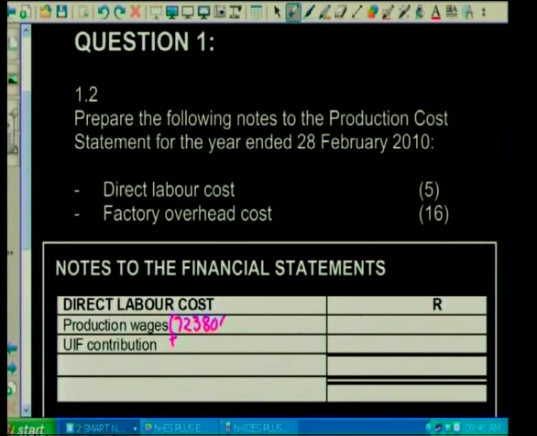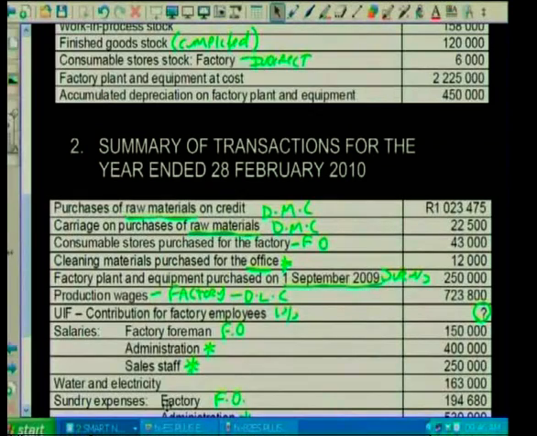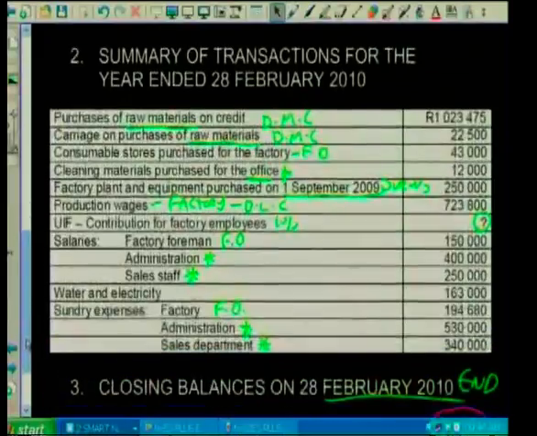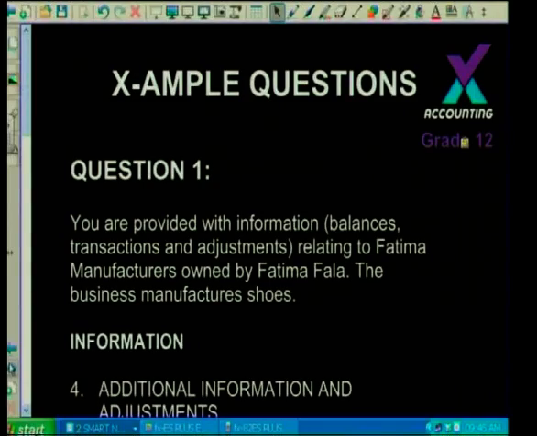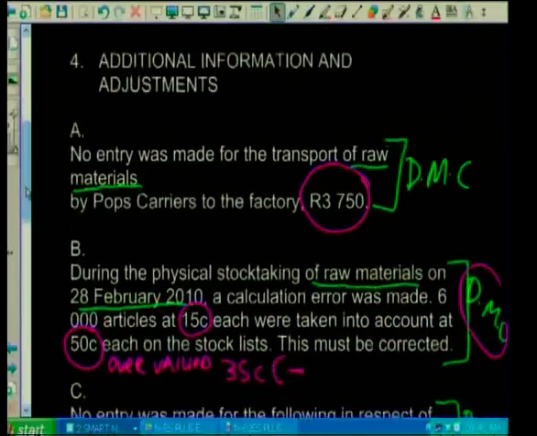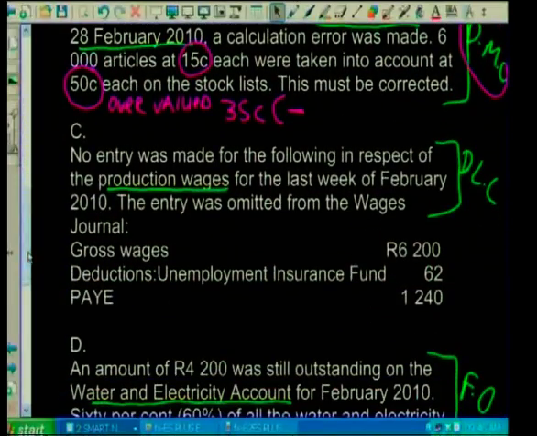All right, did we come across an additional adjustment? Yes, we did. So let's go to that additional adjustment. Our additional adjustment was, I think, on the next slide. There we go. No entry was made for the following in respect of the production wages for the last week of Feb 2010.